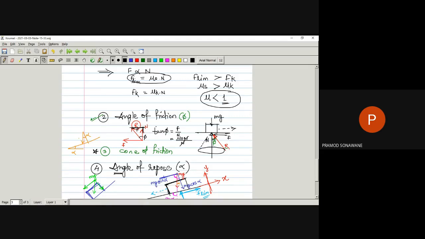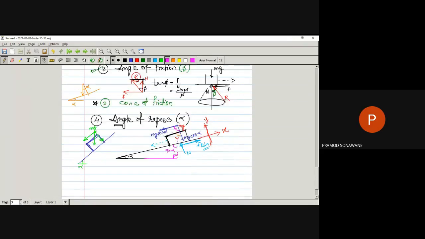What will you ultimately get? Yes, it will be tan phi is equal to mu s. Or you can say phi is equal to tan inverse of mu s. Did everyone understand this? I had forgotten to write this here. Understood?